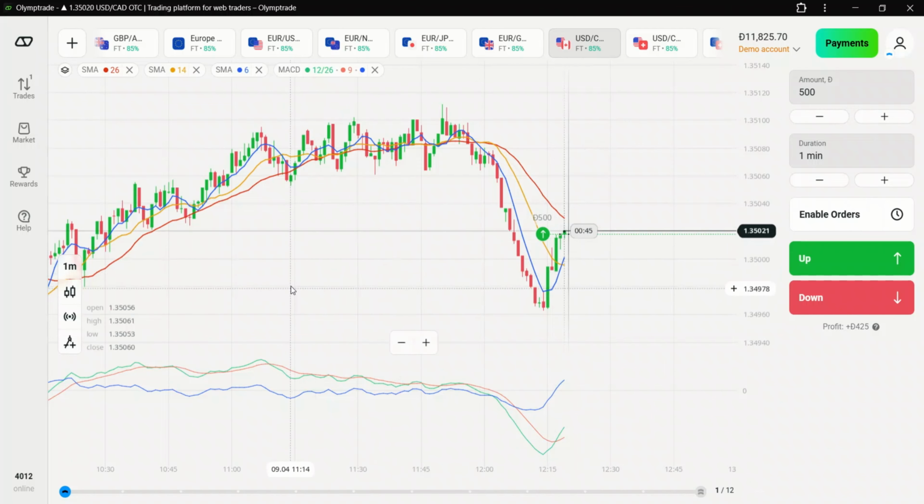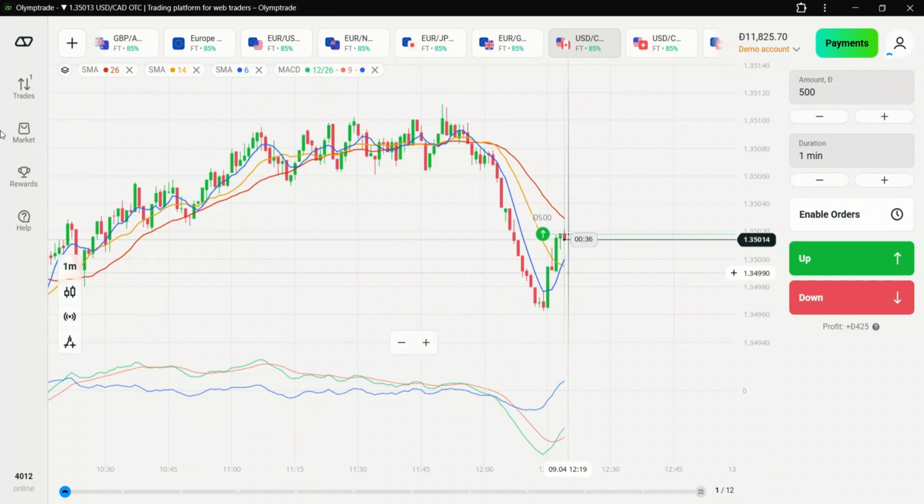Like I said, it's not 100% successful, but it has a high winning chance, high success rates. The trade is currently on the red right now.